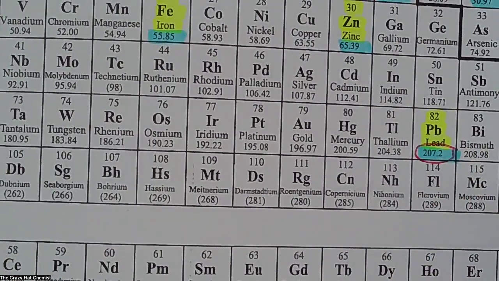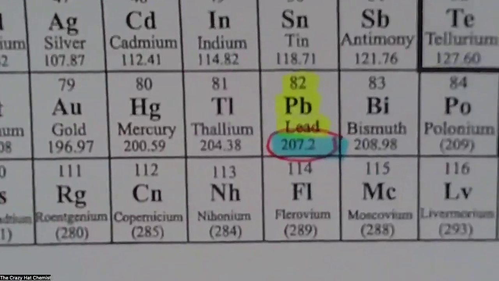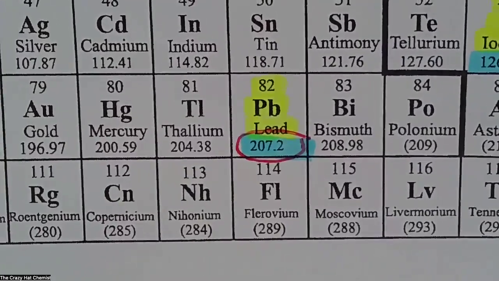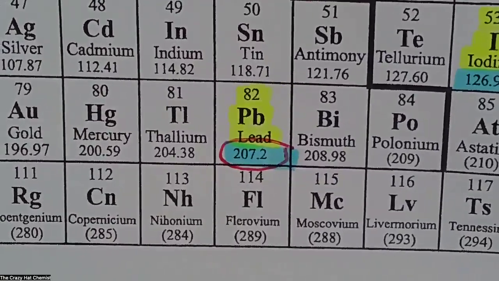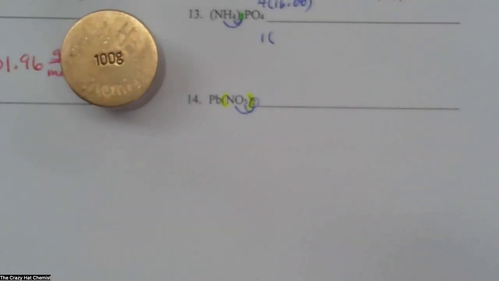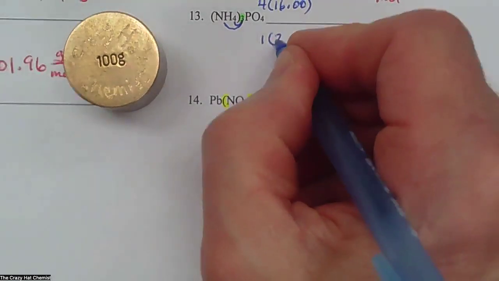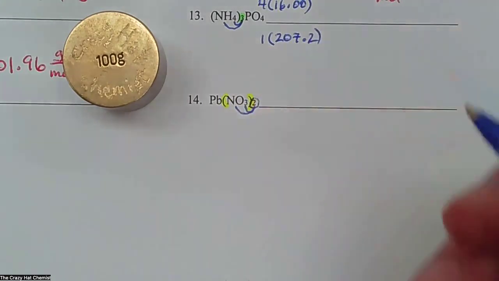There are not very many elements that have such low precision, but lead has a very low precision of 1 decimal place. Most of the elements on my periodic table that I've been using have 2 decimal places. So lead has 1 decimal place. Okay, so 207.2.